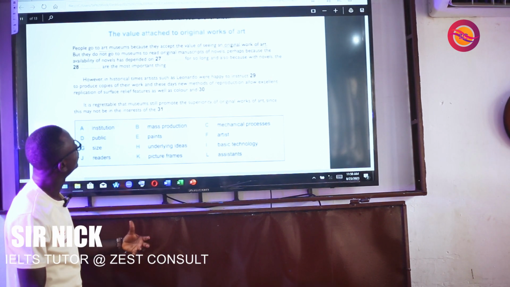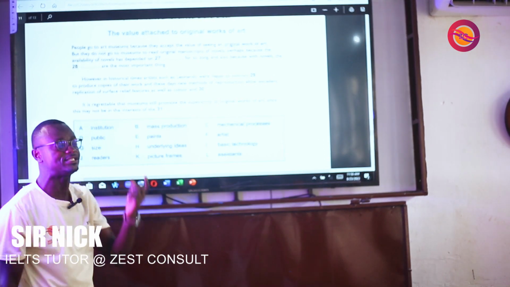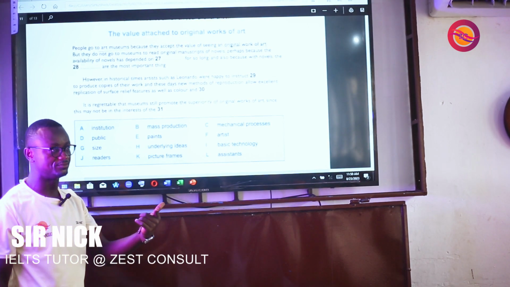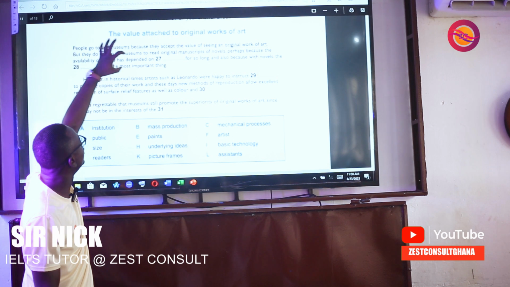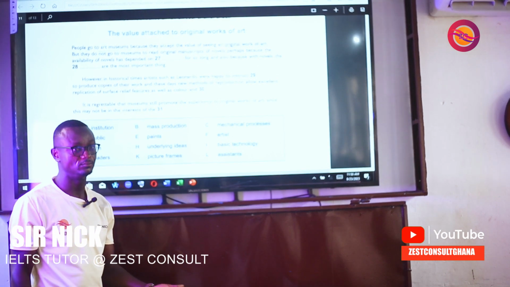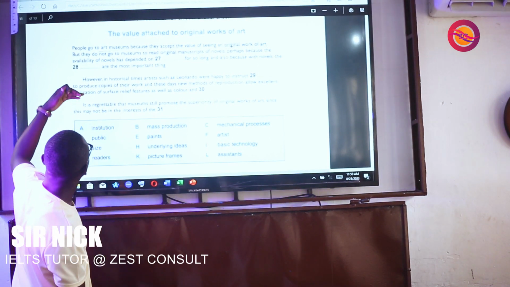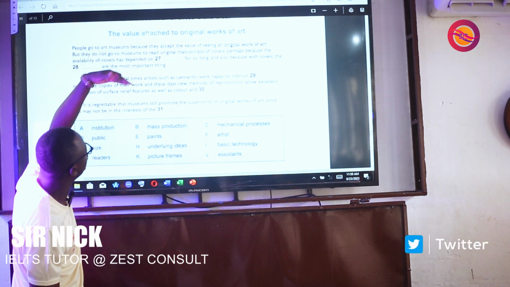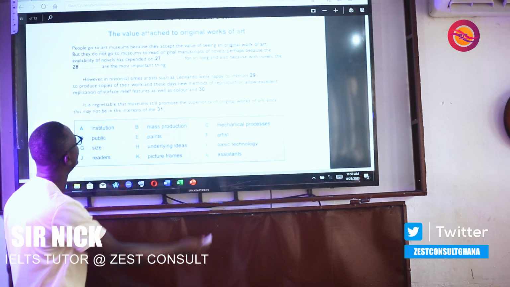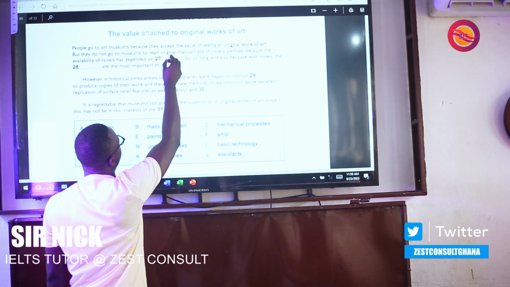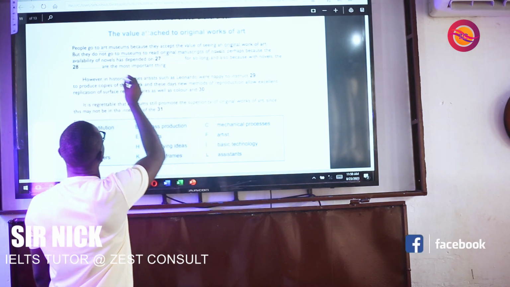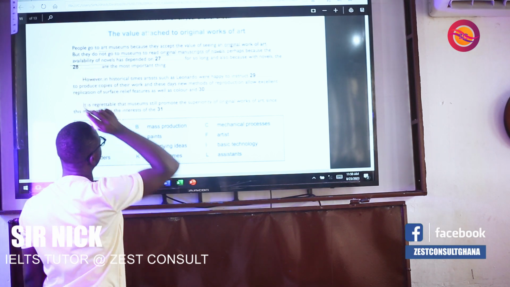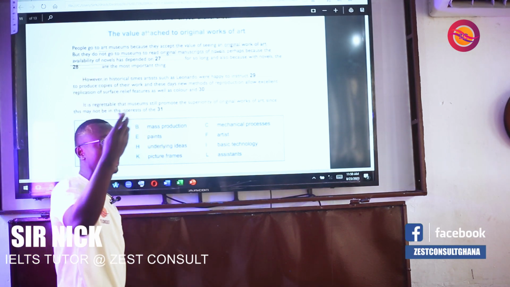Where we are supposed to fill lies in the second sentence. So we read, but we are using this as a preamble to direct us to where we are going to get the 27. But they do not go to museums to read original manuscripts. So key terms, museum of novels, because availability of what has depended on.